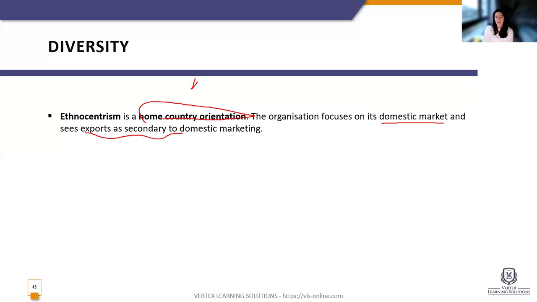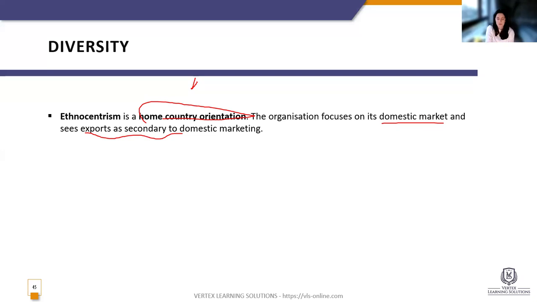For example, if we're talking about ACCA courses, there are some that, despite being online, still target mainly a single country because they are taught in a different language, like French or Hindi. So the management orientation will be closer to ethnocentrism.